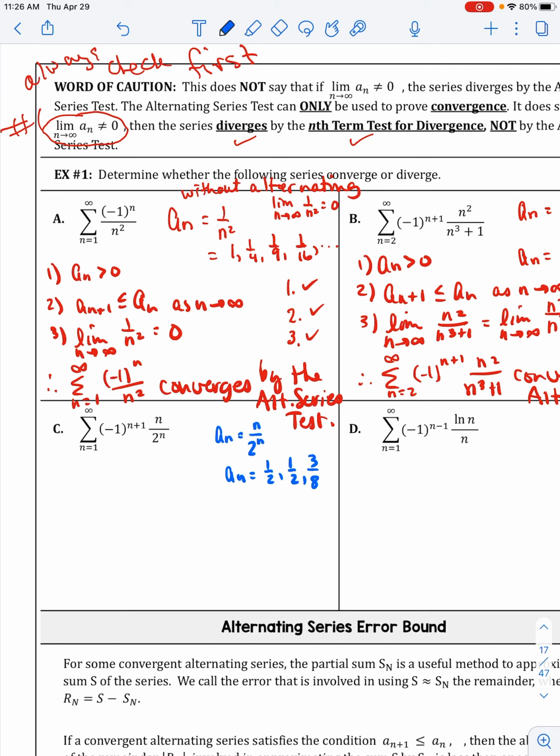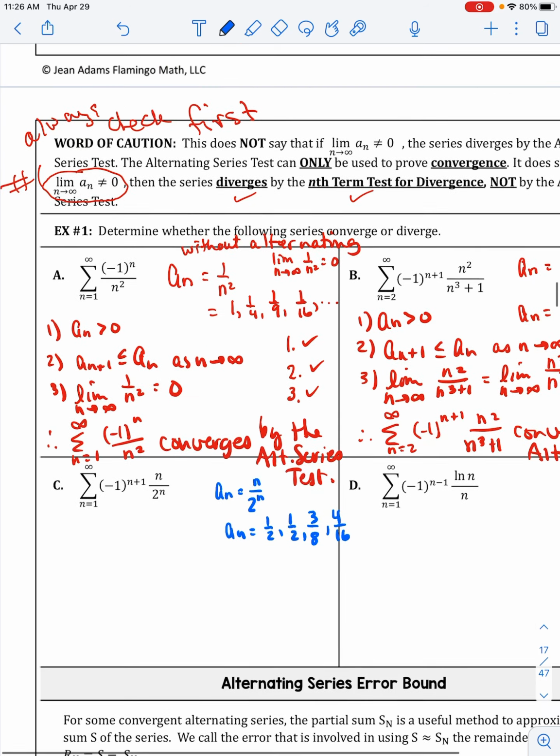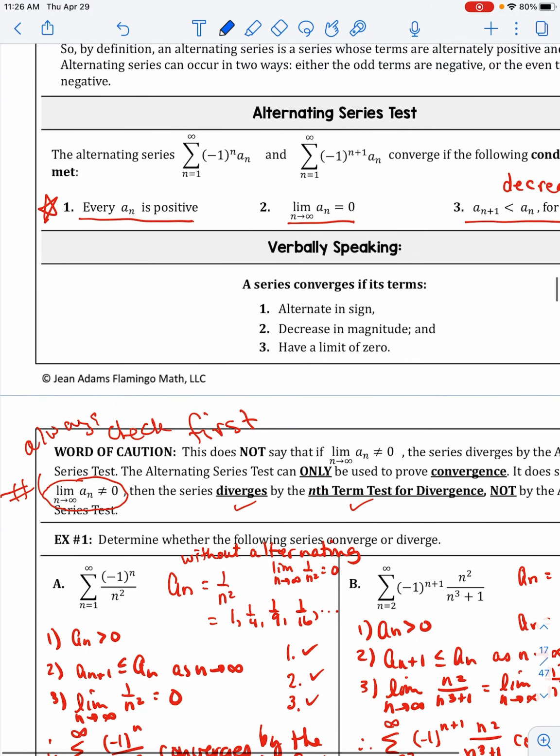Put in a 2, I get 2/4, which is also 1/2. Put in a 3, I get 3/8. Put in a 4, I get 4/16, which is 1/4, right?